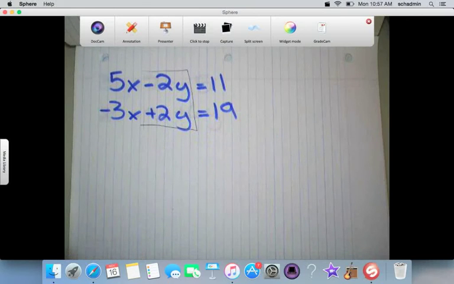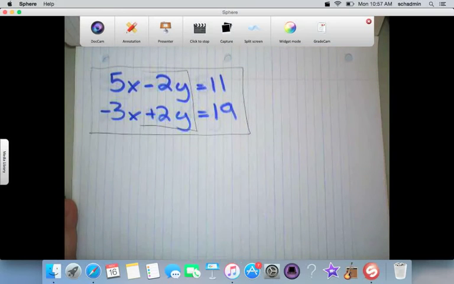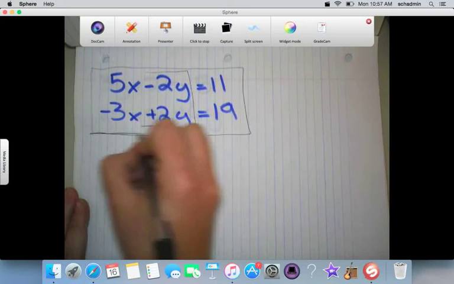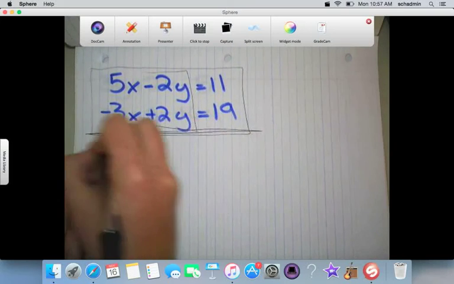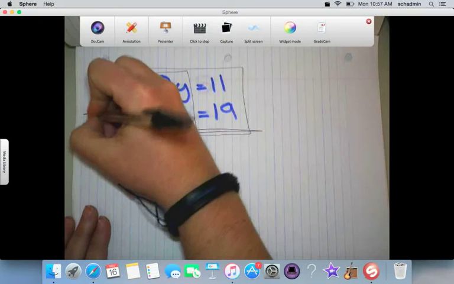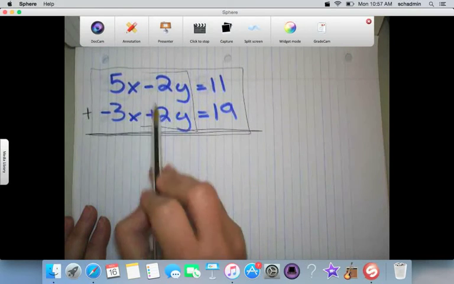So what you can do is you can take the entire system right there, and you can add it or subtract it. So here's what I mean. I'm going to put a line down here, just like you guys are used to seeing in a regular problem. And we're actually going to add these two equations. Now, the reason I'm going to add them is because I have a negative and a positive.